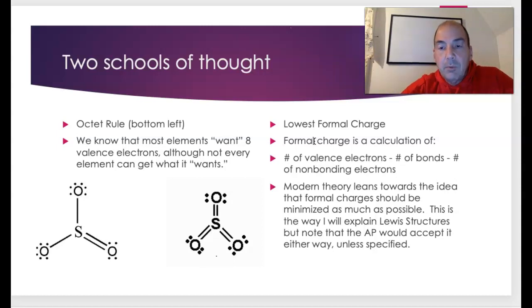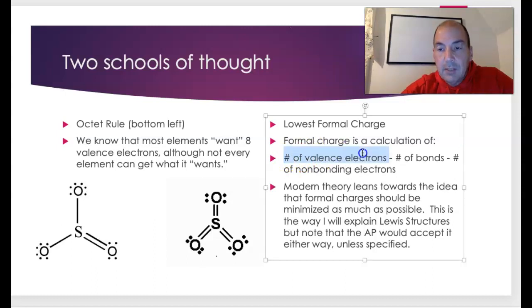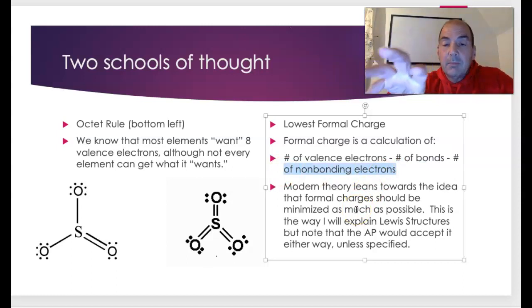So formal charge is a little calculation we do where we take the number of valence electrons on an atom, subtract the number of bonds, and then subtract the number of non-bonding electrons. When we do this, we get numbers, and hopefully we get more zeros than non-zero numbers. I guess 0 is a number.